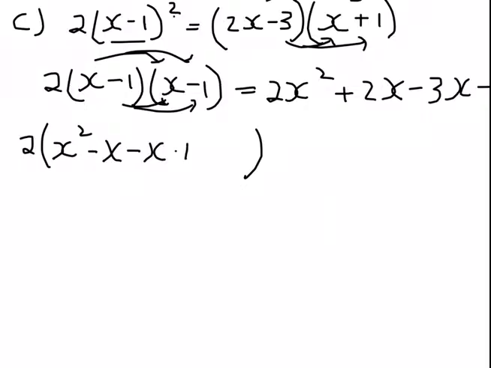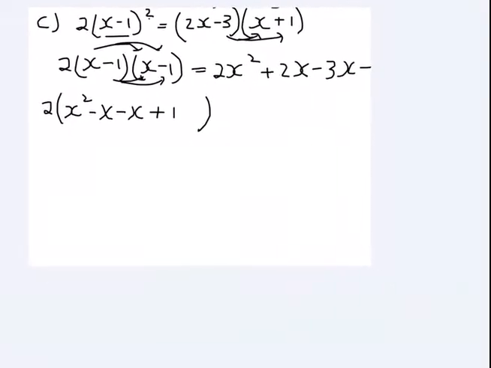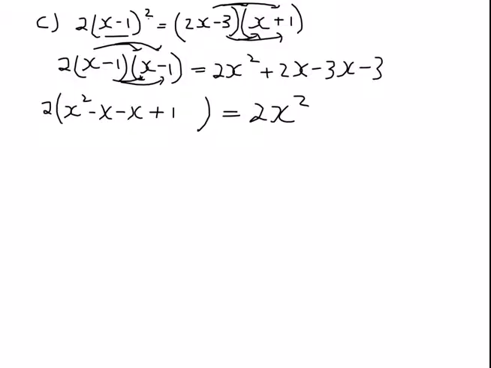Then there, that by that is plus 1. And then this should be equal to, let's see, on the right hand side you've got 2x squared, this and that, it ends up being negative 1x, and then you have minus 3 there.